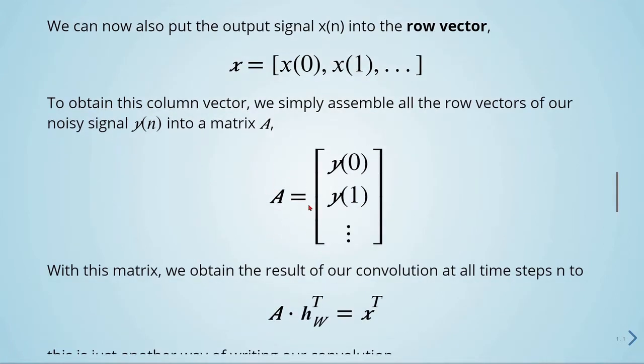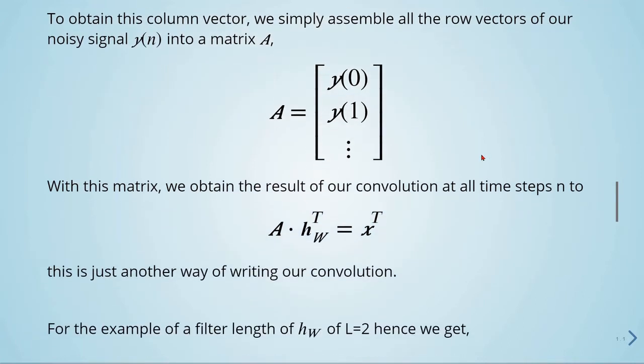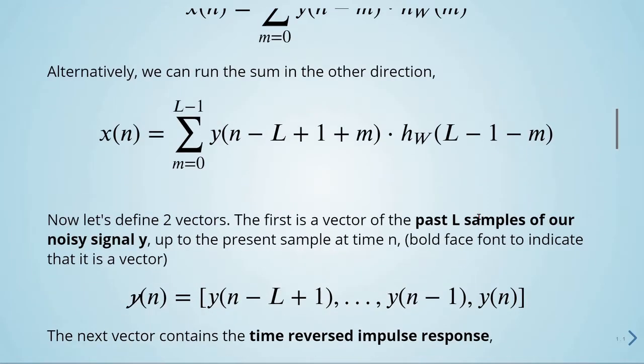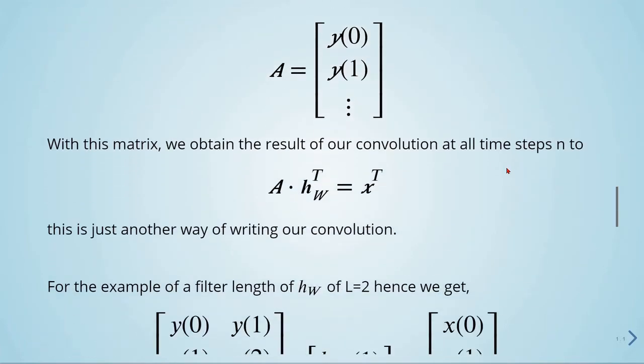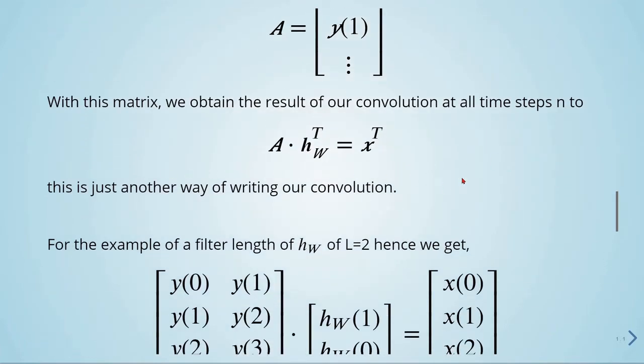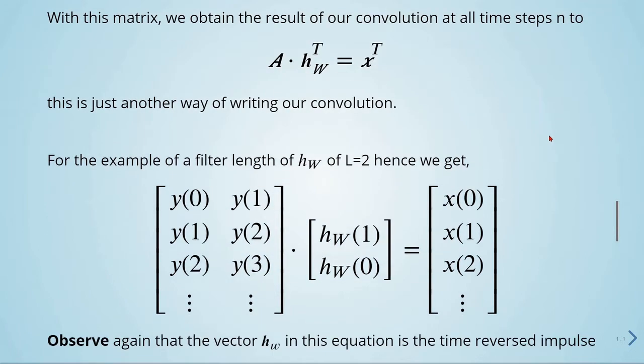With this matrix we obtain the result of our convolution at all time steps. So this matrix times h_w is equal to x. We're implementing a convolution as a matrix and vector multiplication. This is just another way of writing our convolution.